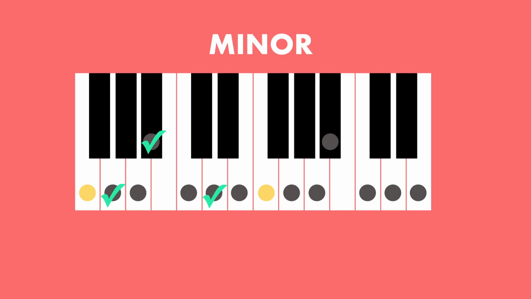Now let's look at this minor chord. You got your root, then you got a whole step, but then you got a half step. It's a minor 3rd. That's how you build a minor chord. That's the difference between a major chord and a minor chord.